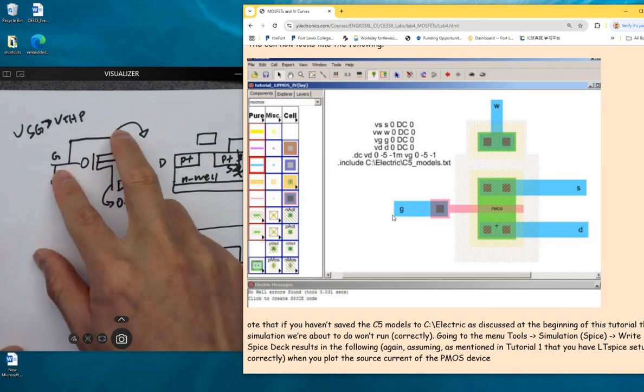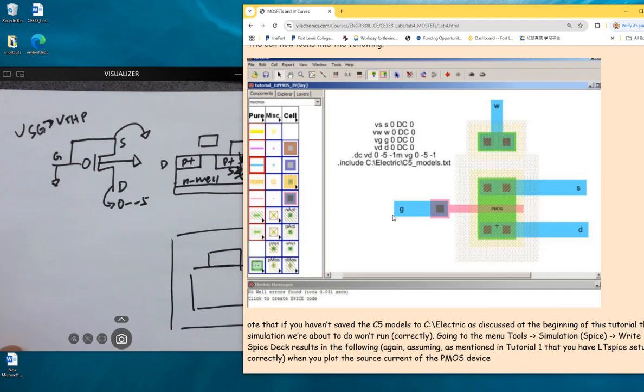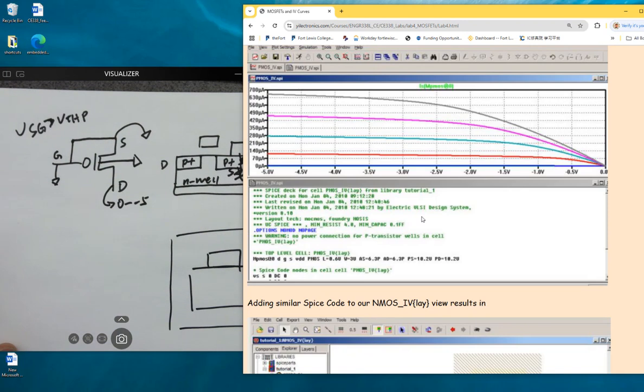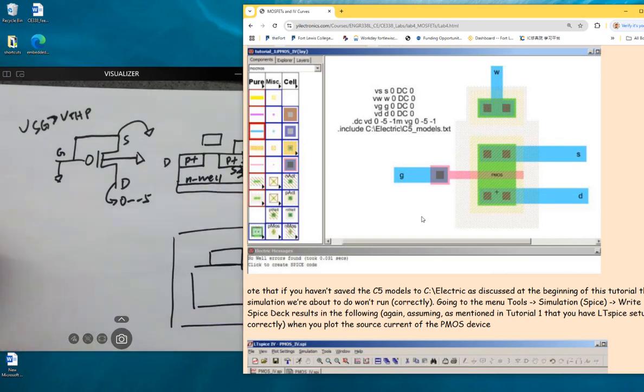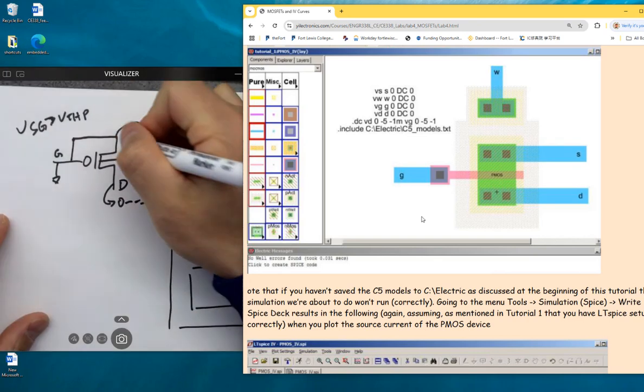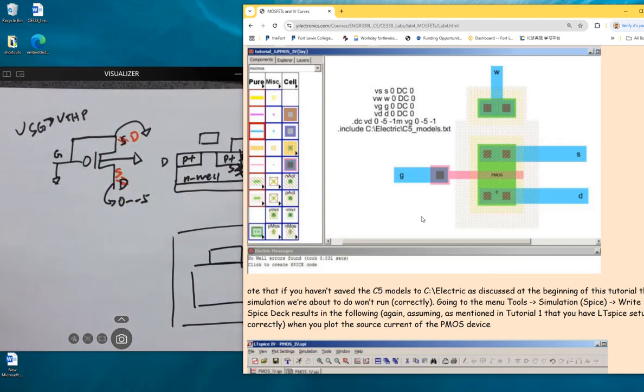You grounded both. There's no voltage drop. There's no VSG. But how does that work? How could you still get this curve? Think about it. This is a really good example. Did I tell you it's symmetrical? So what if we don't treat this one as source? What about that?